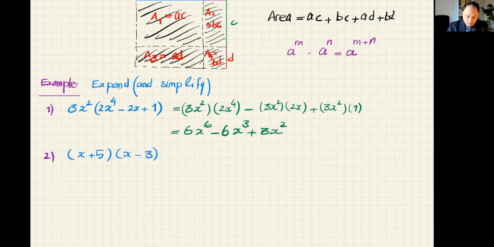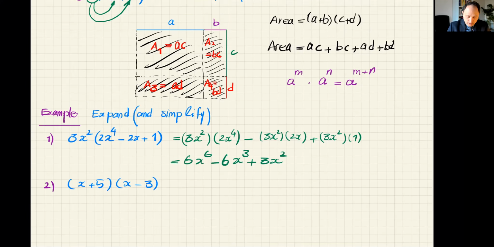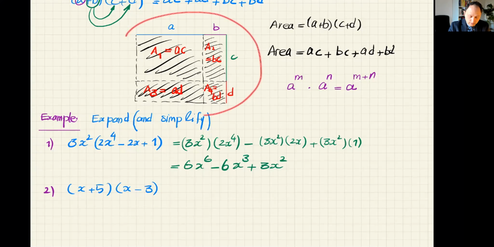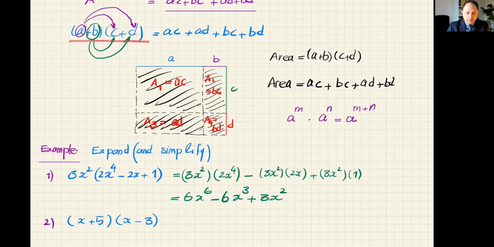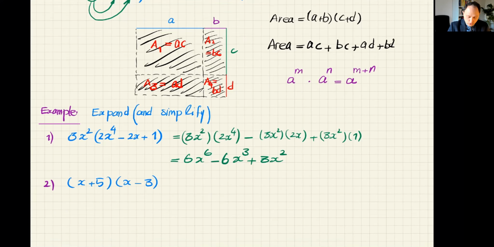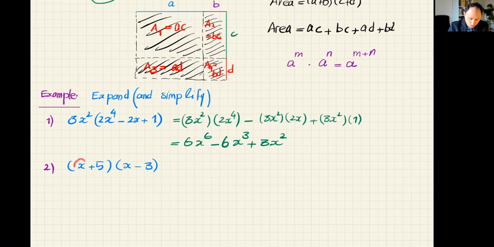But let us go here. Here I have 2 terms involved and 2 terms involved. This is more or less this idea, which algebraically means this. So what should I do? I will take this one, multiply it here and multiply it here.